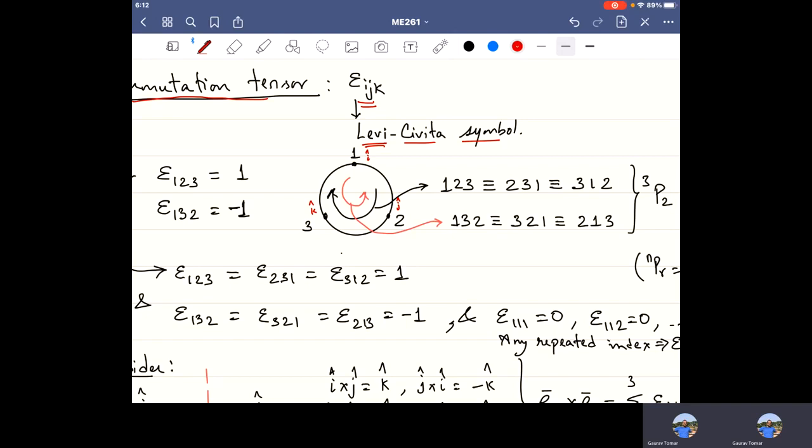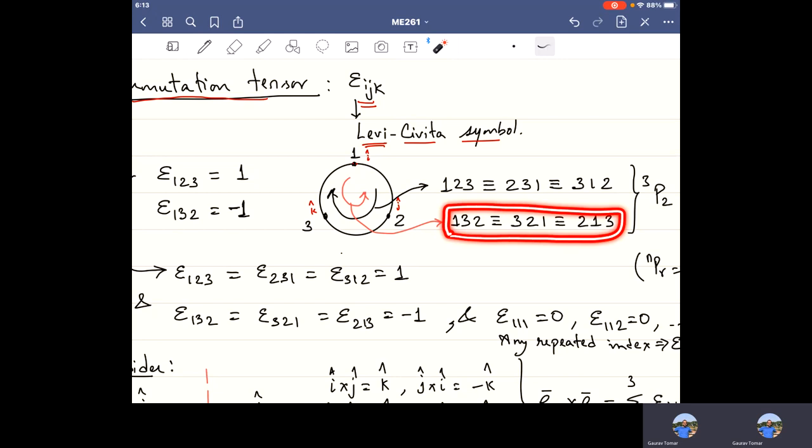When they are in the order 1 2 3, the quantity is 1. So 1 2 3 is 1, 3 1 2 is 1, 2 3 1 is 1. When you reverse the order, 1 3 2, you get minus 1. 3 2 1 is again minus 1, and 2 1 3 is also minus 1.